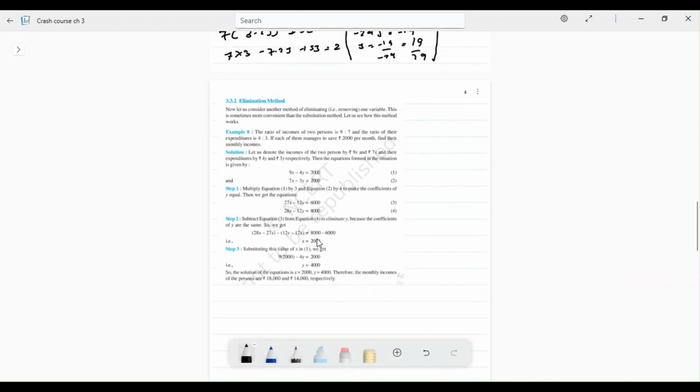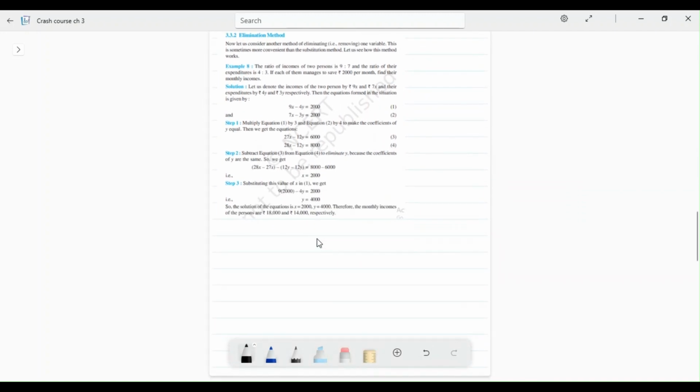The second method is the elimination method. In the elimination method, we write the two equations, equation 1 and equation 2. I'll take the equations 9x minus 4y is equal to 2000 and 7x minus 3y is equal to 2000. Now if we want to eliminate y, we need to multiply the first equation by 3 and the second equation by 4.